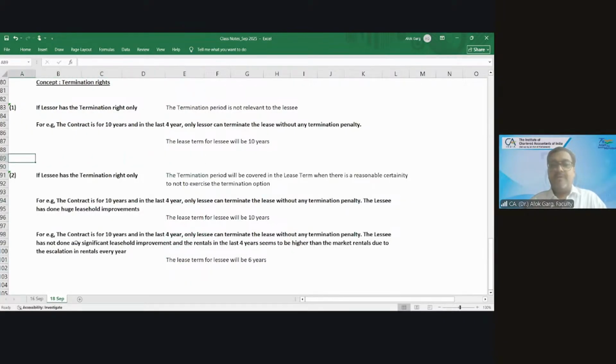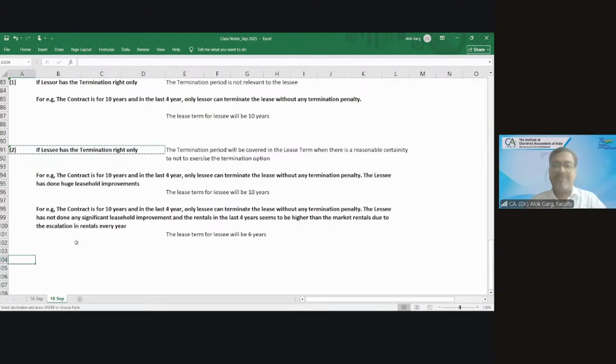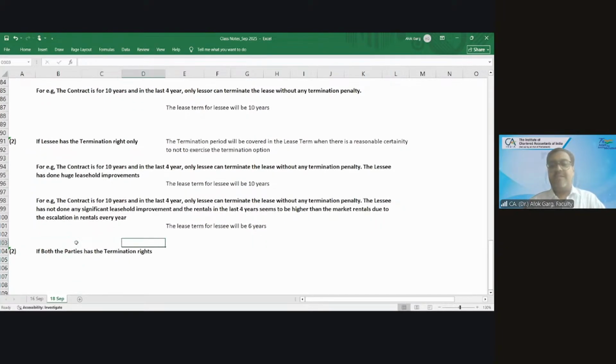I hope with these examples, you will be able to remember the concept, revise the concept, and then the example, and then the ICAI study material. If both the parties have the termination right, then only the non-cancelable period will be called lease term.